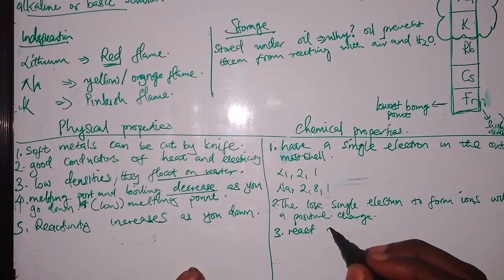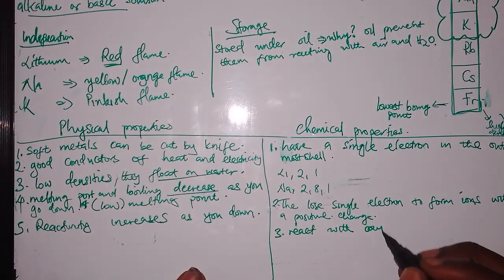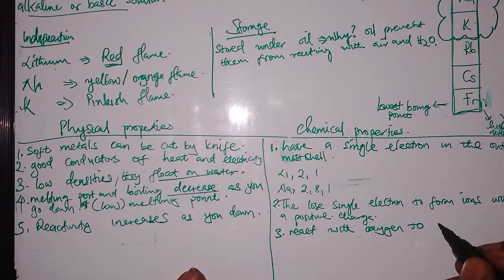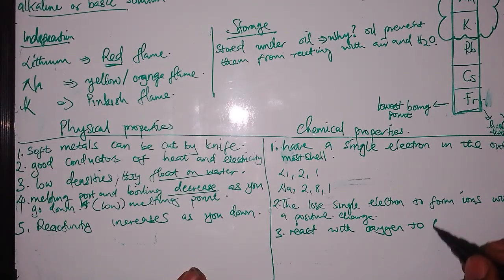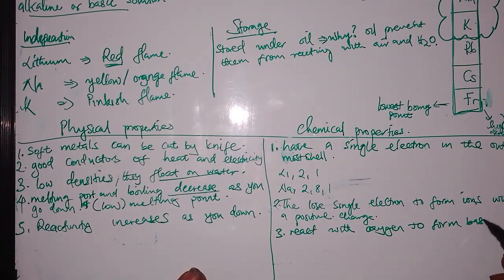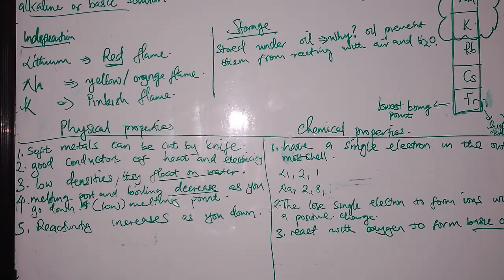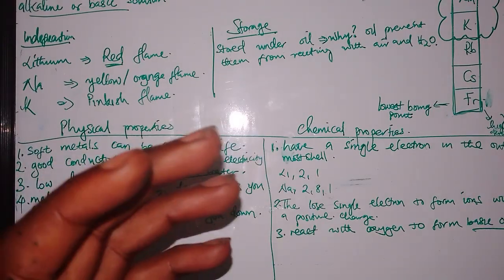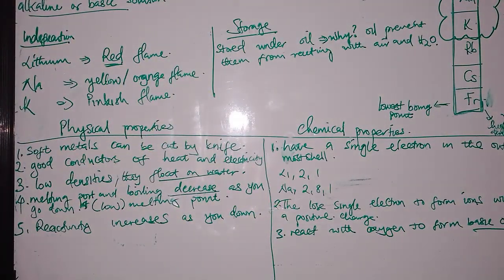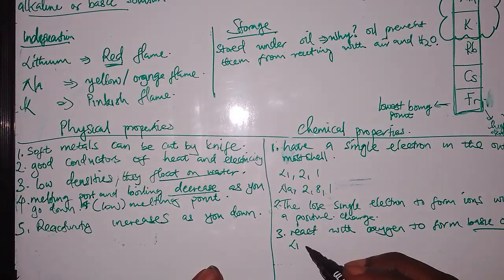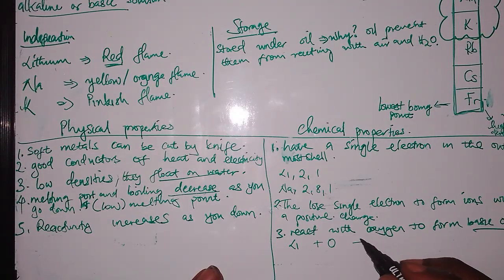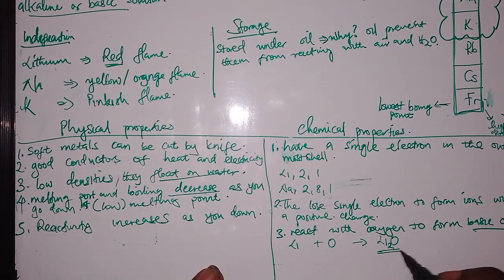They react with oxygen to form what? To form a basic oxide. So what is a basic oxide? A basic oxide is an oxide which is formed from group 1 elements. So we can have lithium reacting with oxygen to form lithium oxide as our basic oxide.